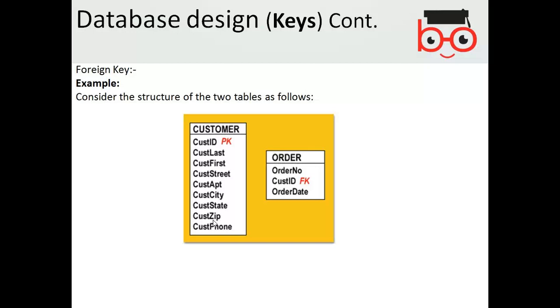Possibly the order details like order number, customer ID, order date could be stored into the customer table, but it would not be useful, because every time you would write every piece of information of the customer again and again into the order. It will not be good.